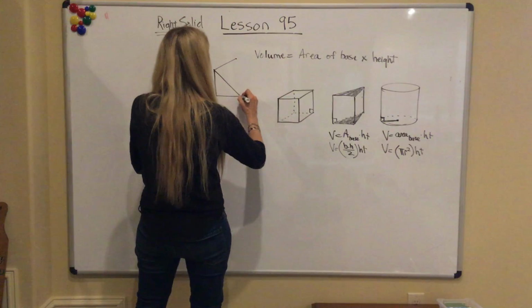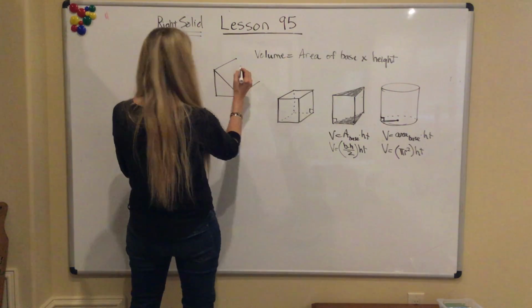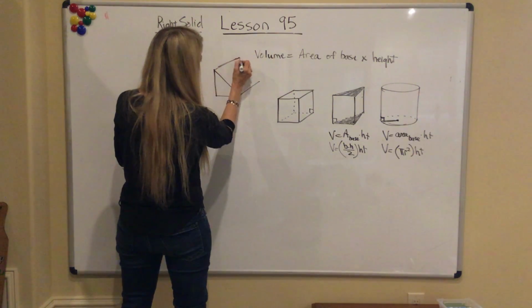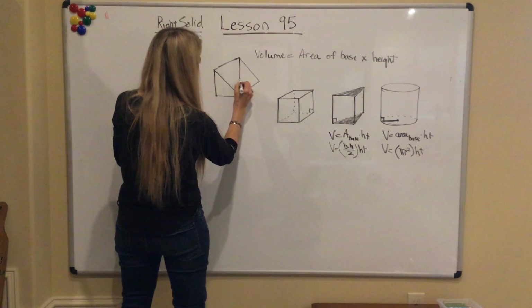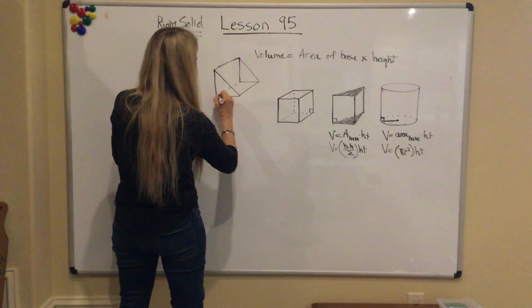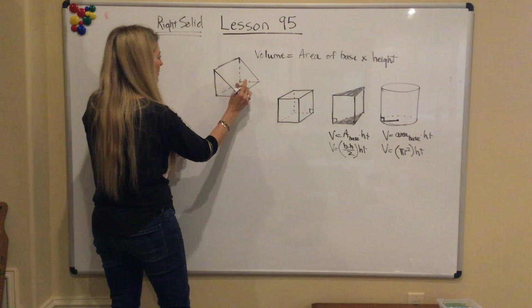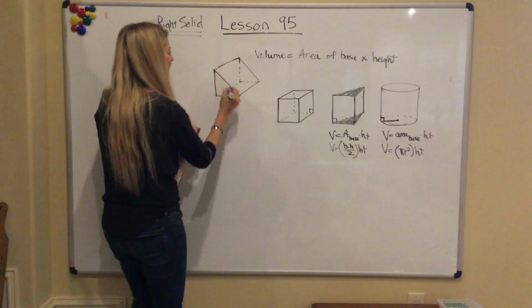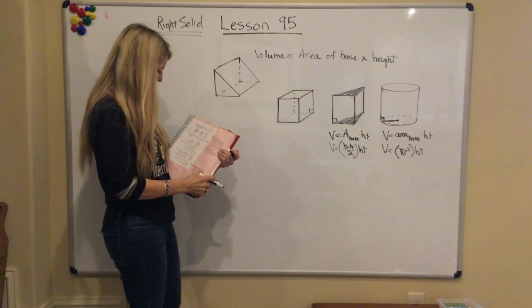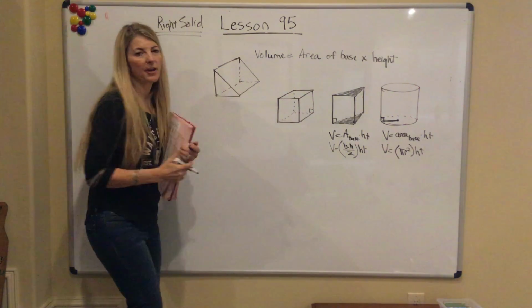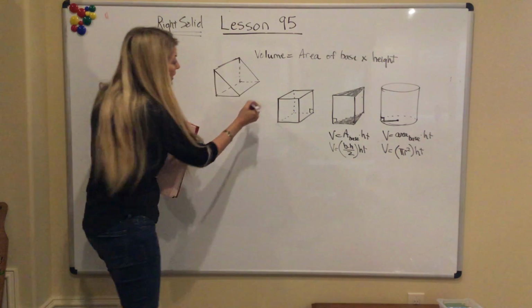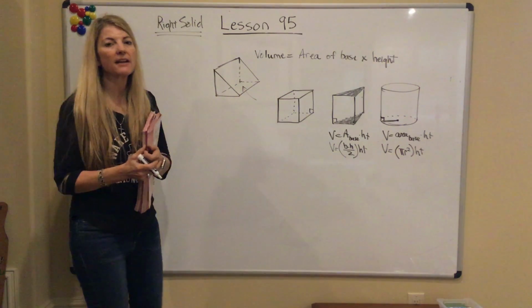Then, let's see if I can draw this correctly. So what we have here is a figure that's kind of sitting on what you might want to call a base that's shaped like a rectangle.